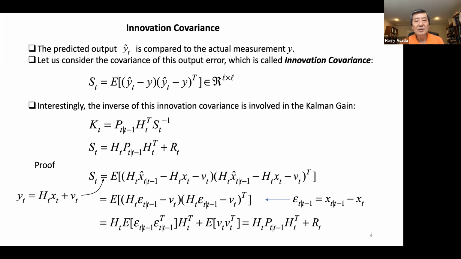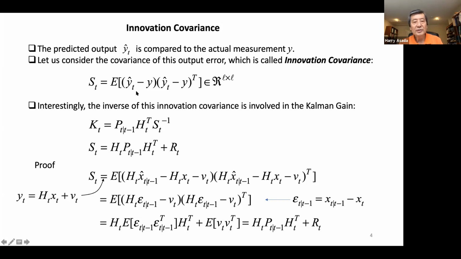So it is conceivable to look at the covariance associated with this output error, which is called innovation covariance. The definition is this: y_t hat prediction minus true measurement y, and then we put them back-to-back to create the L by L matrix. This is the innovation covariance.